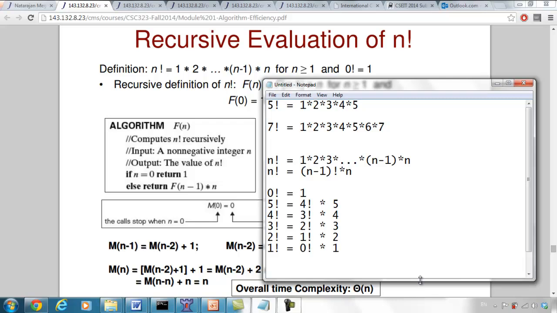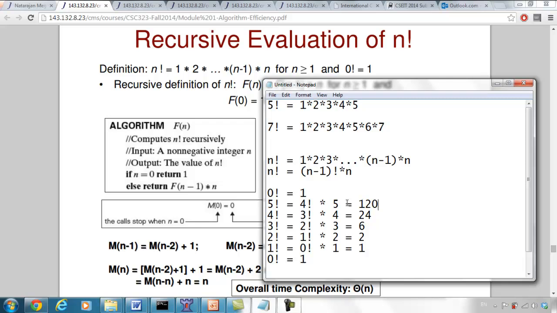So we cannot keep on going like that. We know that 0 factorial is 1. So once we know this, we can substitute for 0 factorial here, which is 1, and compute 1 factorial, which is 1, and substitute for 1 factorial here, which is 1 times 2, which is 2, and substitute for 2 factorial here, which is 2, and compute 3 factorial, which is 6, and then substitute for 3 factorial, which is 6 here, and compute that to be 24, and substitute for 4 factorial to be 24, and we get this to be 120.